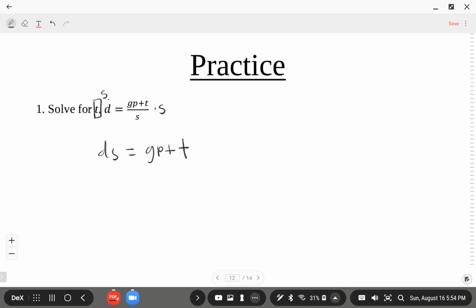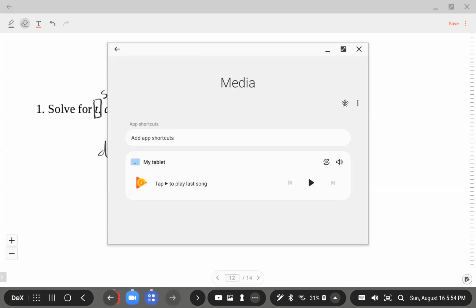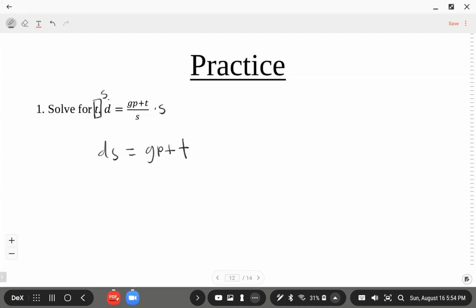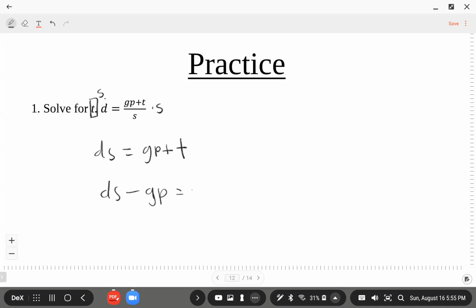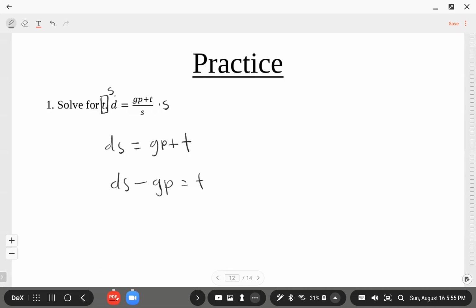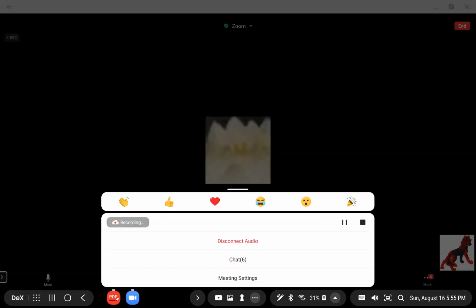We have this gp here, and we need to get rid of that. We just need to isolate t. This is a positive gp, so we just use inverse operations. Subtract gp on both sides, and then ds minus gp equals t. That is our answer. Does everybody understand?